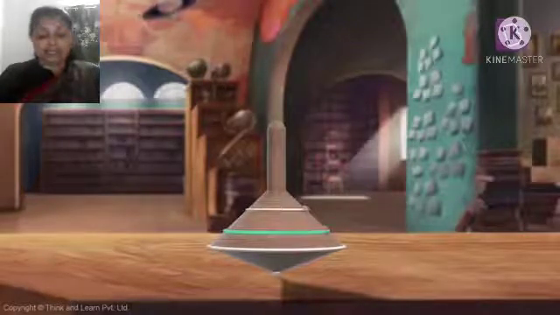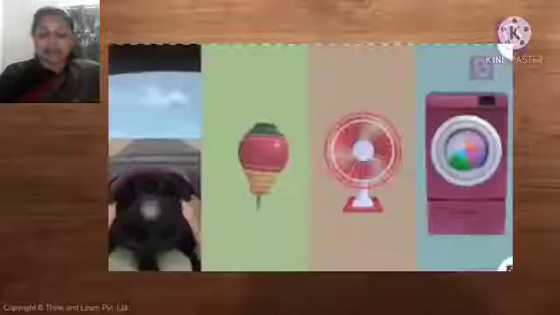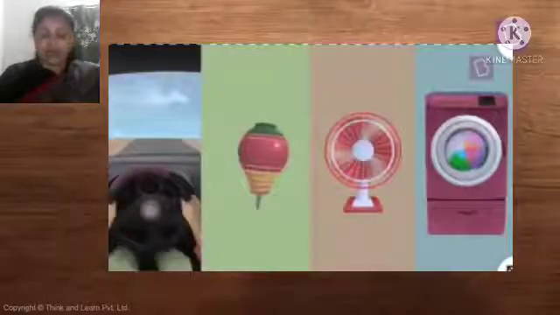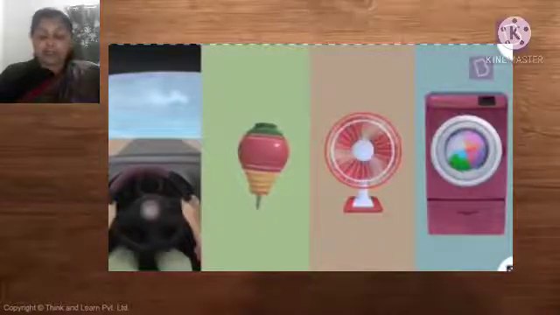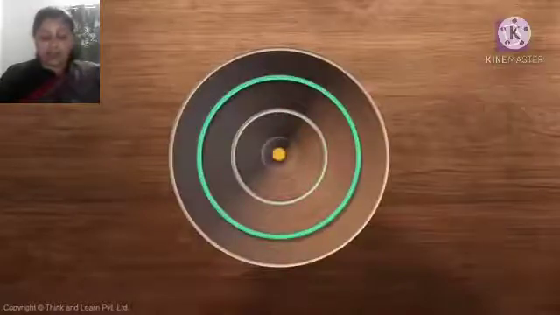The other movement, we will get to later, but you have seen this kind of rotation before for sure. For example, a steering wheel, a washing machine, a fan or even a top. Imagine a point on the surface of the top.